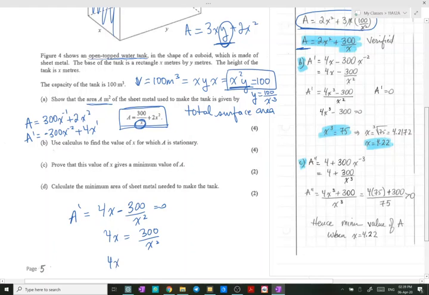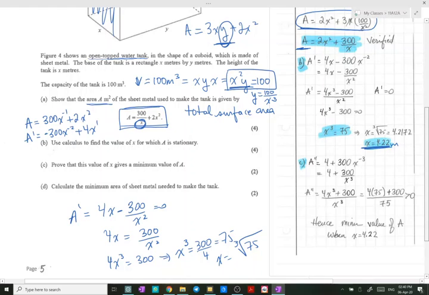So 4x cubed equals 300. Therefore, x cubed equals 300 over 4, which is equal to 75. So x is equal to the cube root of 75. Using your calculator, you're going to find that x is equal to 4.22. And it is in meters.